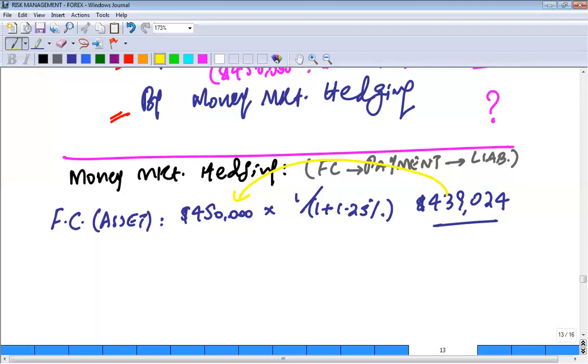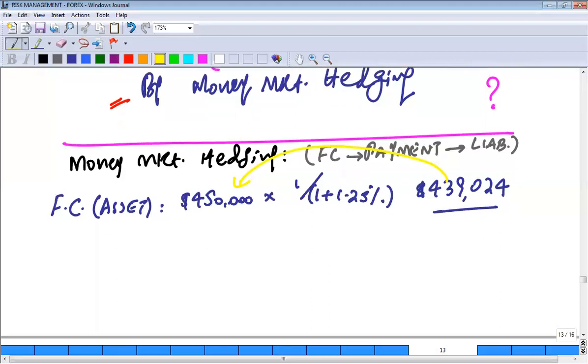So that means we pay this dollar to the supplier instead of buying after 3 months from the market. And that is what we need. We need to protect from the market fluctuation, and we have already protected.